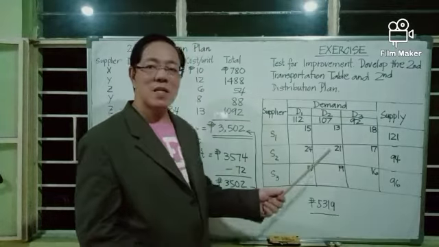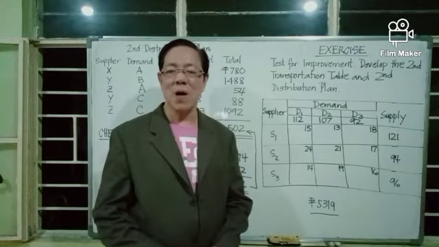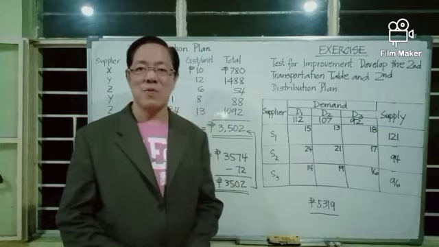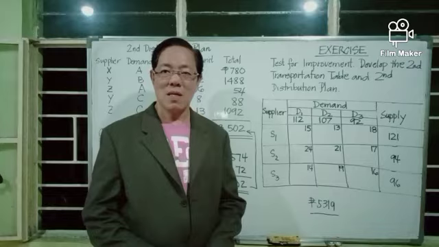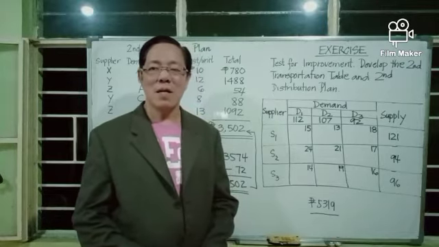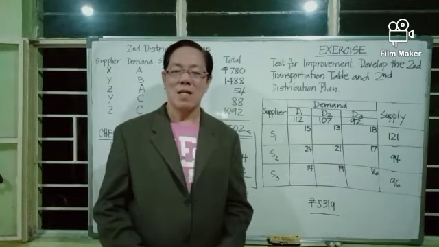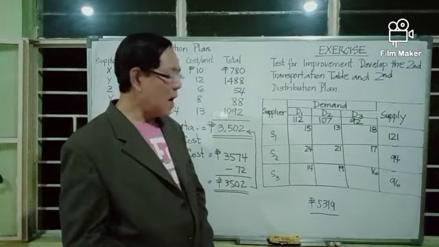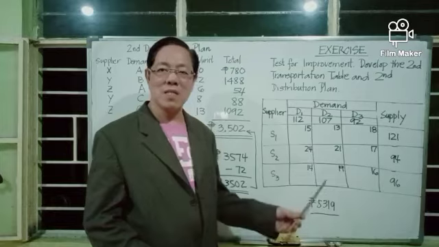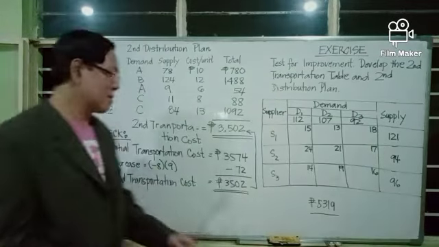You only consider the vacant cells and determine which among the cells you considered in the test for improvement should be considered, should you transfer some units, and you will transfer some units to the vacant cell with the most negative net cell cost. And I will not give you the answer for this exercise because there is a way for you to check if your answer is correct.